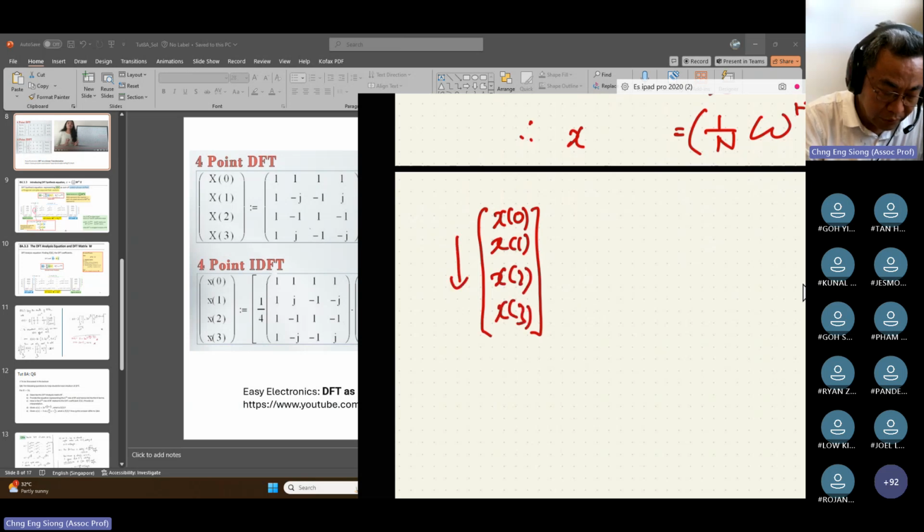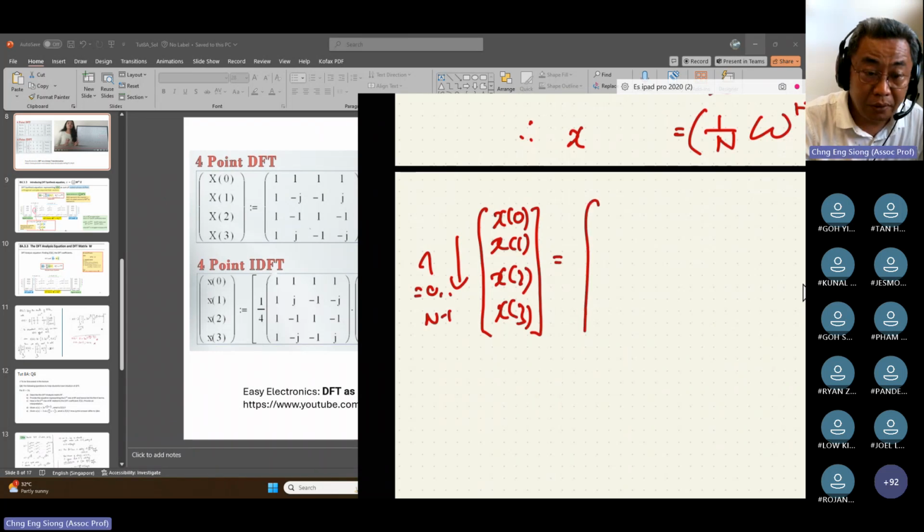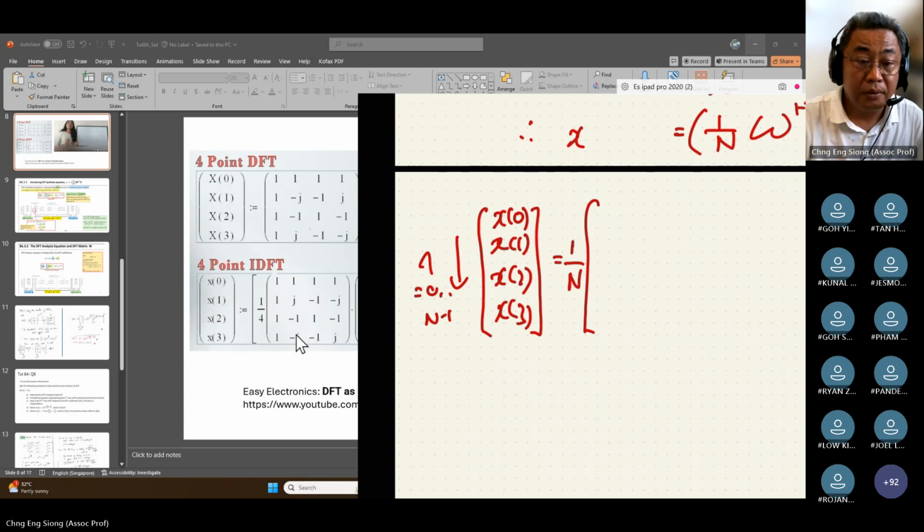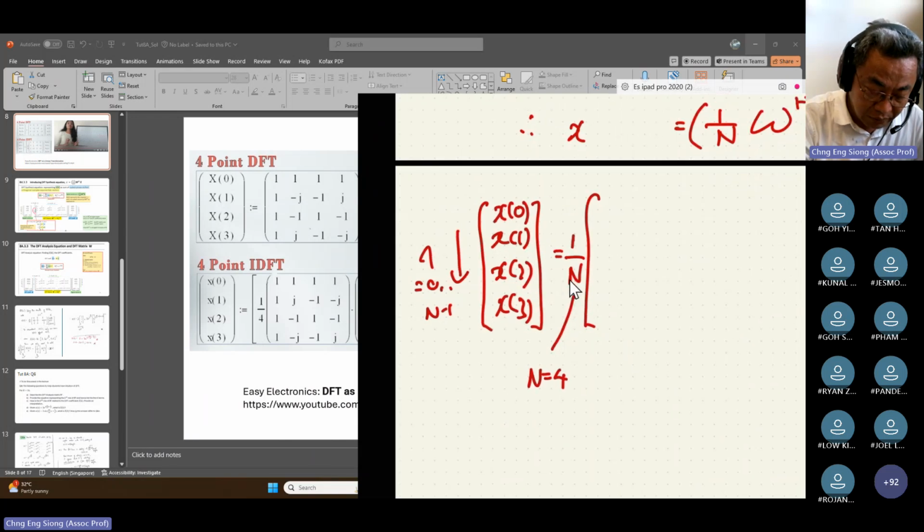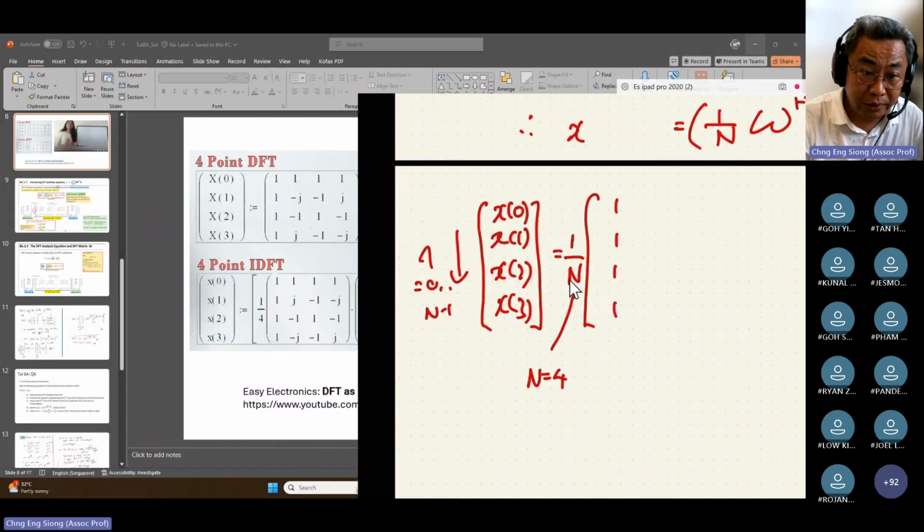Again, n is running 0 to n minus 1. I'll write the IDFT matrix now. So it is 1 over n. Our n is 4 in our question. I'll write all the elements of the W matrix.